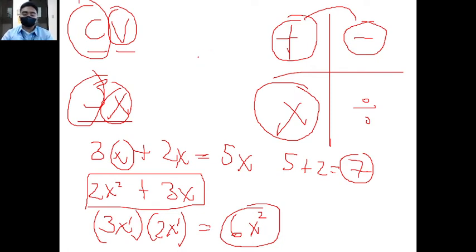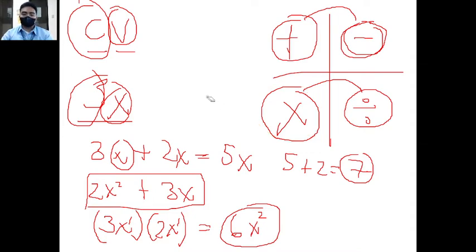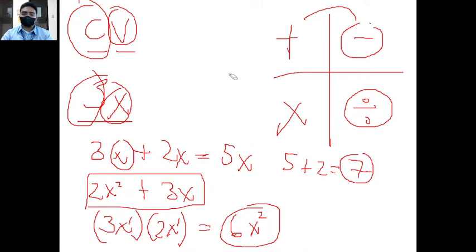If you use addition in the first place, you are going to use subtraction to check. So if you use multiplication, by checking, you are going to use division. Correct? Gets already? Alright.